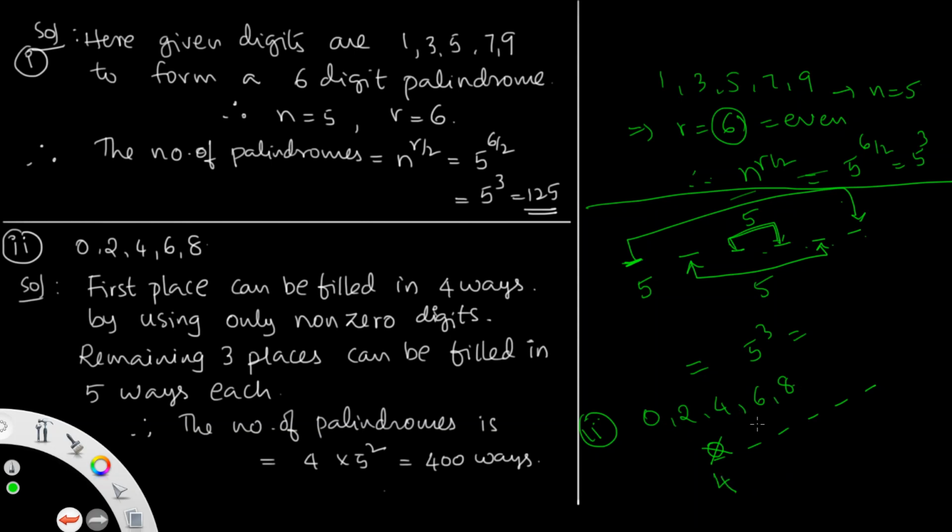And the remaining places can be done in 5 ways each, the mirrored places being the same. So that is 5 squared. So the remaining digits are the same thing. Then you get 4 into 5 squared. Or else, another way is also there.